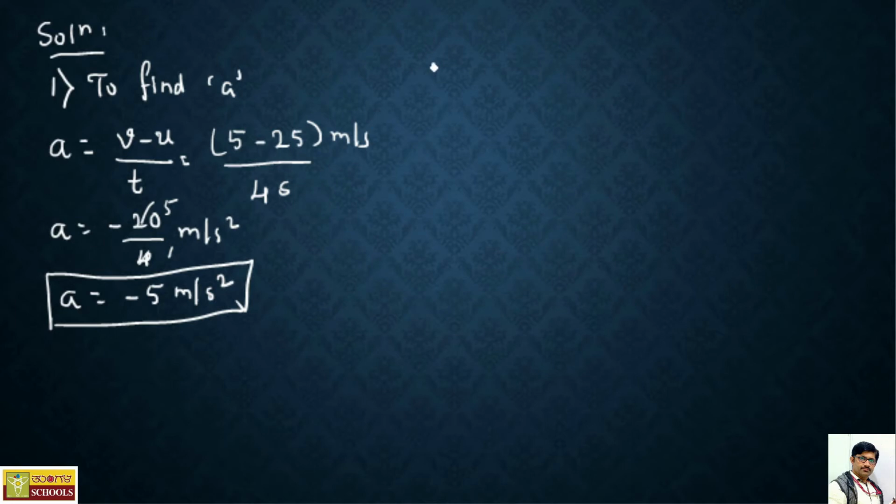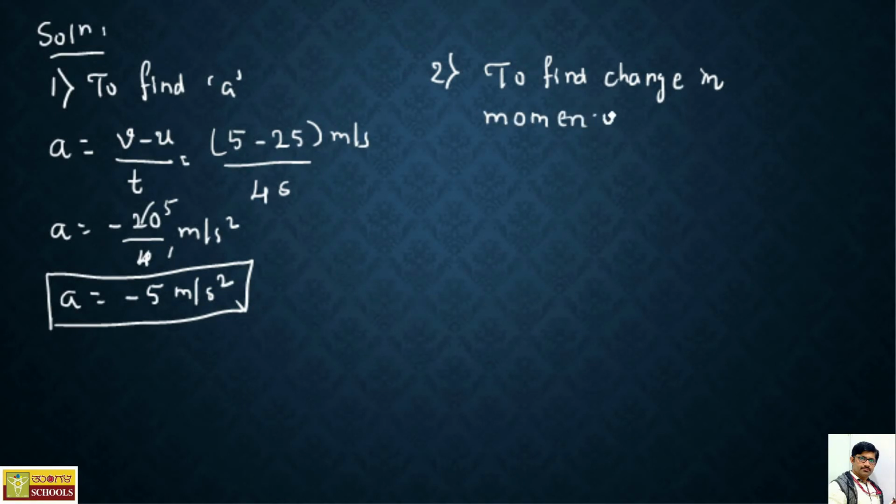Now the second step is to find the change in momentum. Change in momentum can be expressed as final momentum minus initial momentum, that is mv minus mu, which can be solved as m into v minus u. Just make use of the given values.